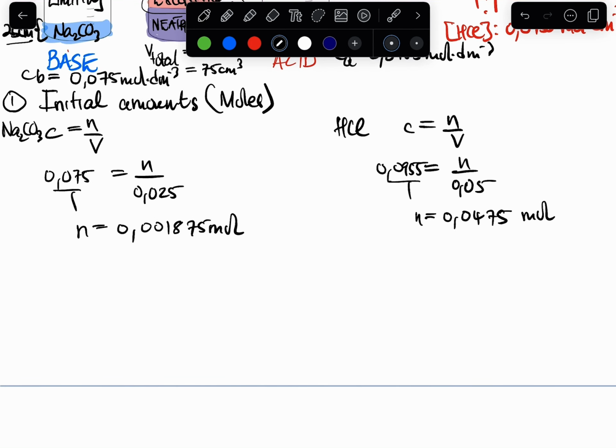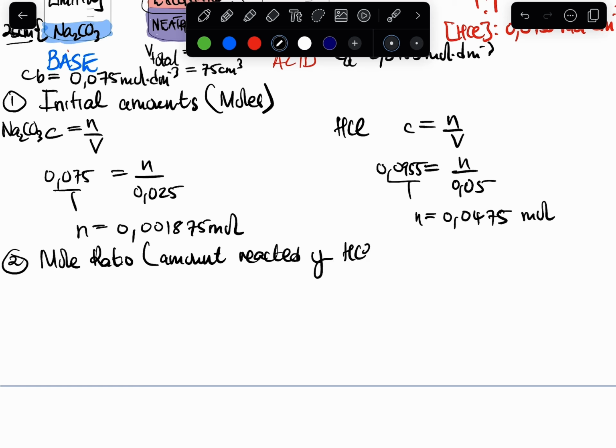So with these initial number of moles, we're going to do step number 2. We're going to do the mole ratio. And what do I want by the mole ratio? I want the amount reacted of HCl.